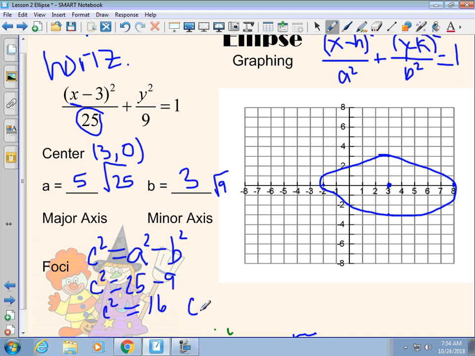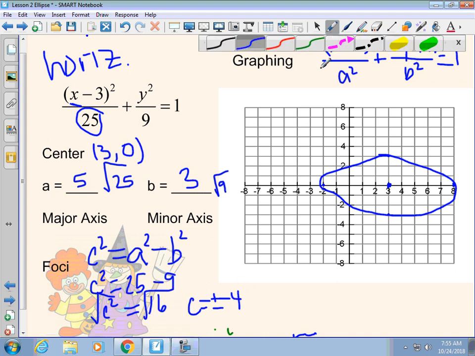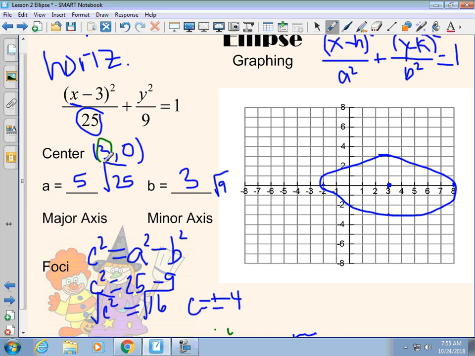and my c equals plus or minus 4. Right, because I had to take the square root of both. Okay, so when I am plotting these on here, okay, I'm going to take plus or minus 4, and because this was a horizontal ellipse, I'm adding it to the x value from my center point.